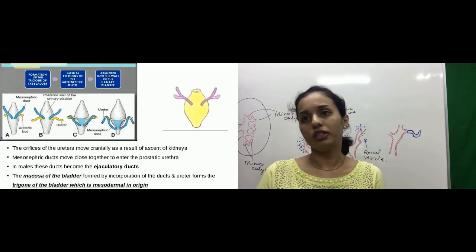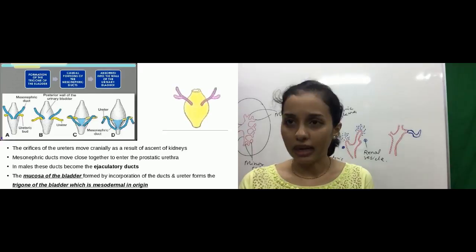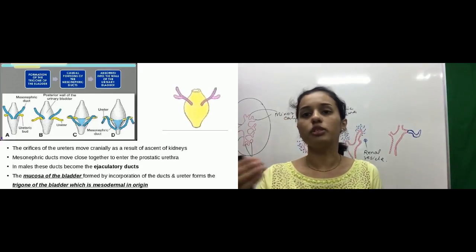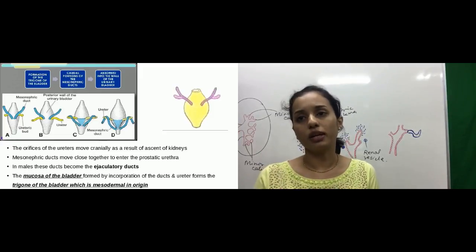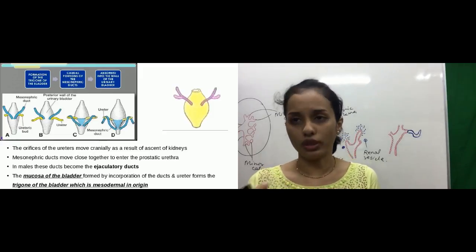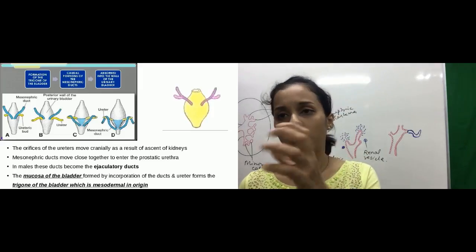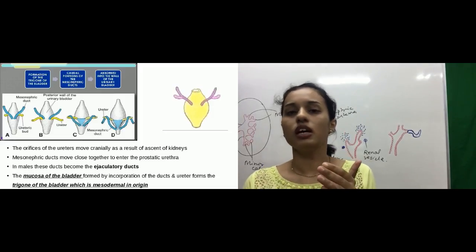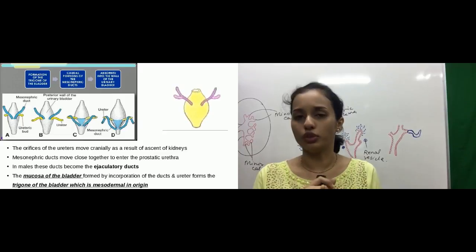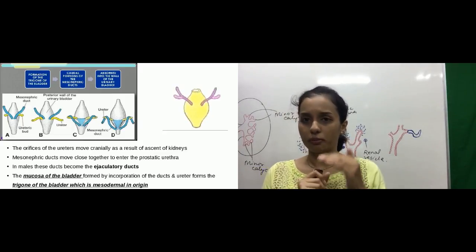As I mentioned, the ducts, mainly the ureteric bud, open into it, and even the mesonephric ducts open into it. The ureteric bud is just an outgrowth from the mesonephric duct. Later the mesonephric ducts are completely absorbed into the urogenital sinus, and the ureteric bud separately opens into the posterior wall of the urogenital sinus, the upper part. So the openings will be separate.